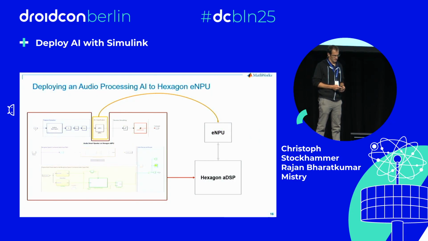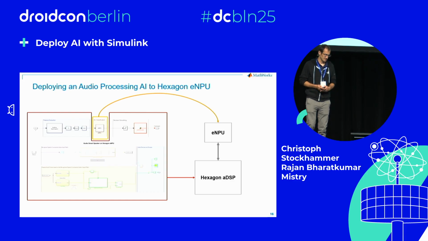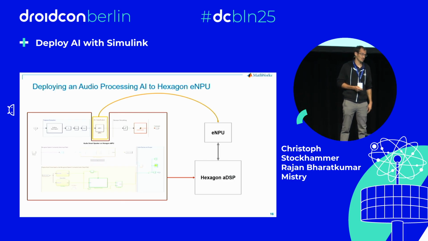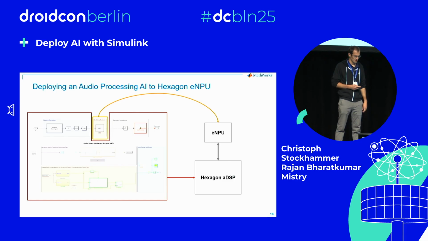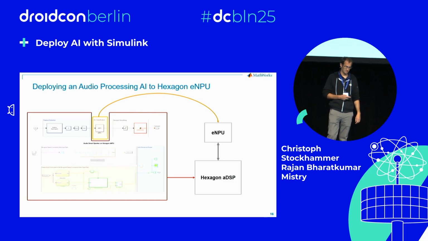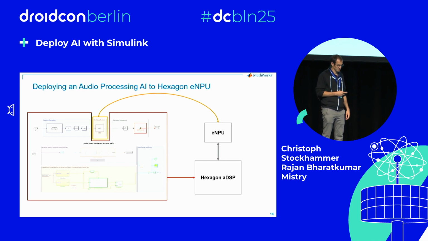Now, the specific example that I'd like to highlight today is a smart speaker audio processing application. It's also something you can check out at our booth later on. It comprises two components. The majority of the algorithm is in this large brown box.